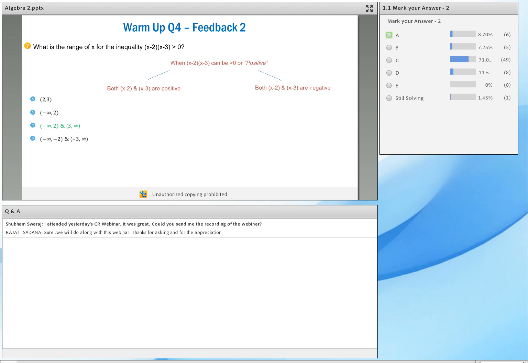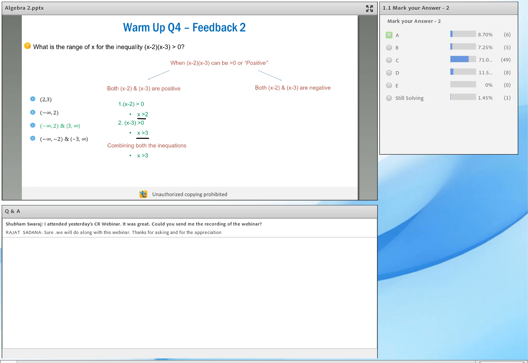So let's look at this. When are both the numbers greater than 0? When both x minus 2 is greater than 0 and x minus 3 is greater than 0. For x minus 2 to be greater than 0, x has to be greater than 2. For x minus 3 to be greater than 0, x has to be greater than 3. The most stringent constraint is that x has to be greater than 3.